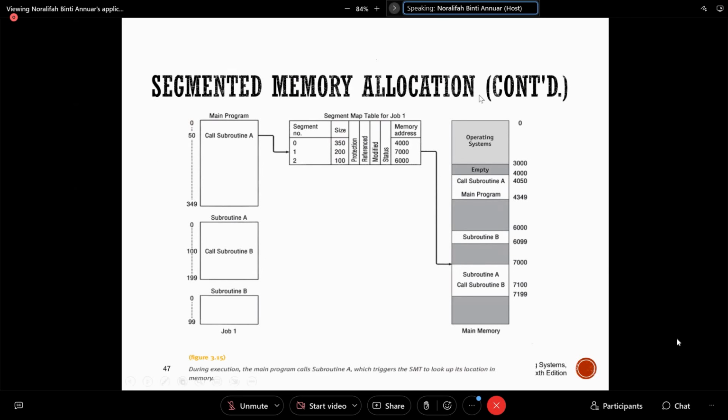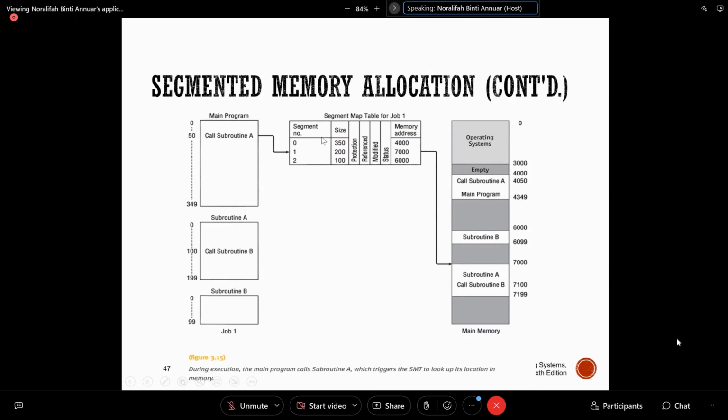Inilah ni contoh macam complicated, tapi sebenarnya sama saja. This is to give you visualize okay, how they are loaded into the main memory. Kat mana? Ni SMT dia. Nanti balik ni you kena analyze, tengok balik. Tengok, tenung balik benda ni. So very simple. This is the address. Kan? This is the size. This is the address. Dekat address 4000 dia.